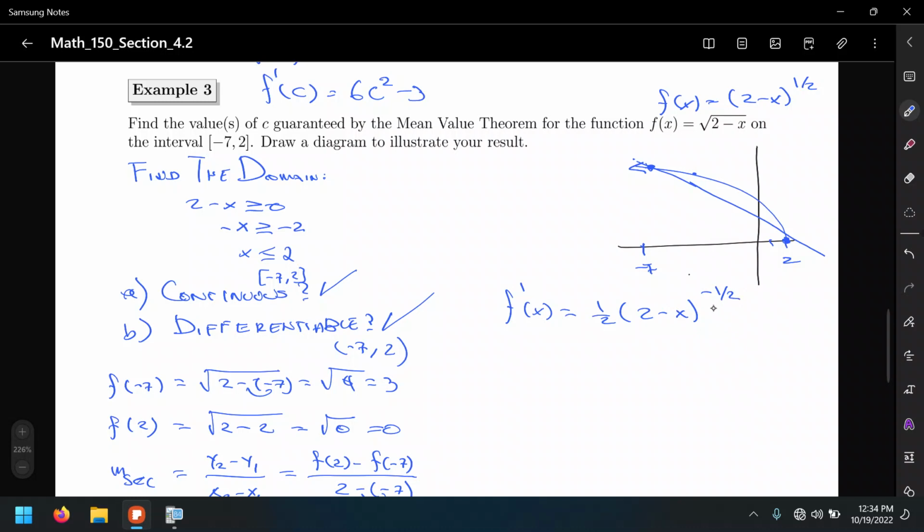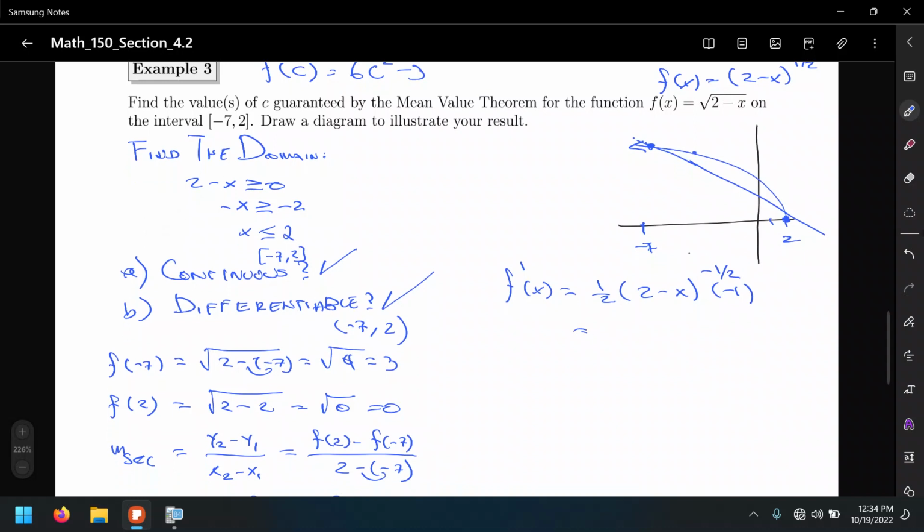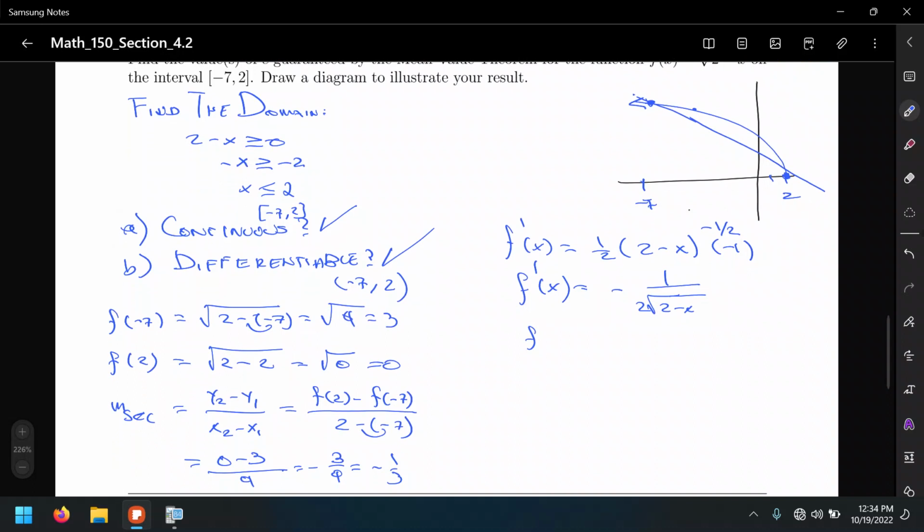Be careful, what's the derivative of that? Negative 1, right? So this means f prime is negative 1 over 2 times the square root of 2 minus x. And let's define this as f prime of c.